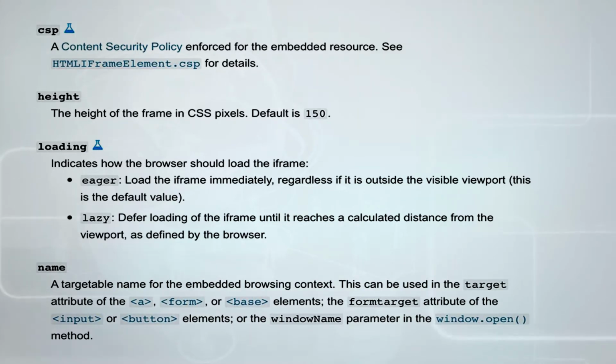So here, in the case of the name attribute, you can always have the formtarget attribute of the input or button elements or the window name parameter in the window.open method.